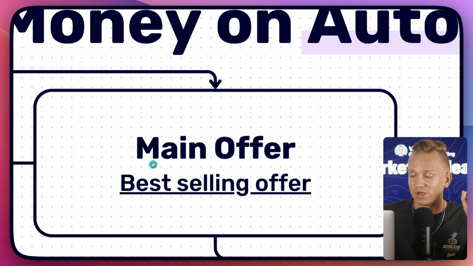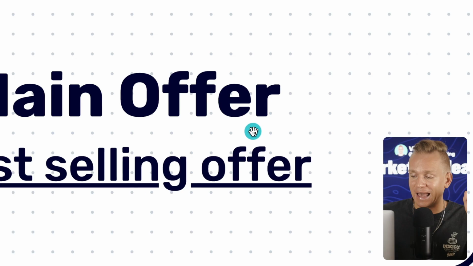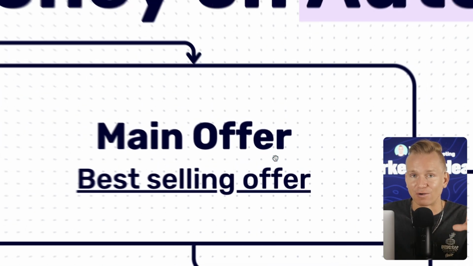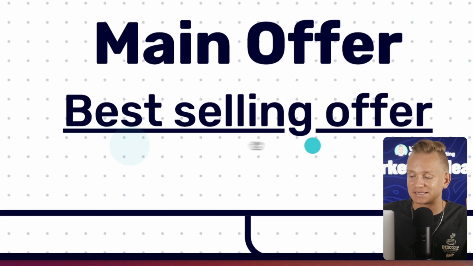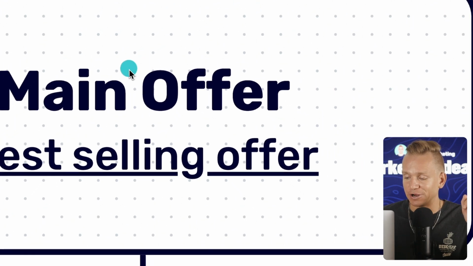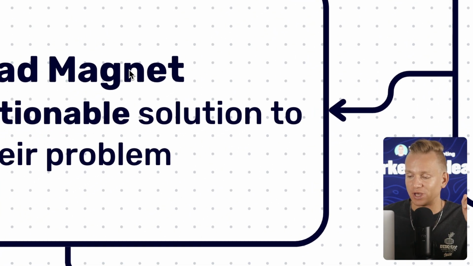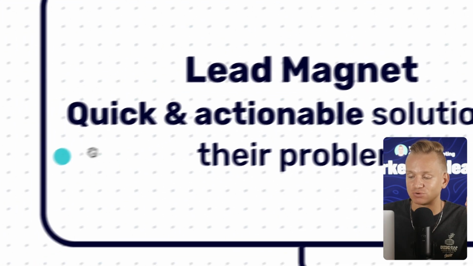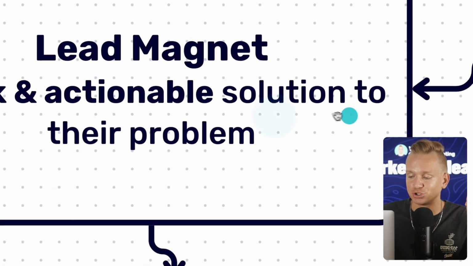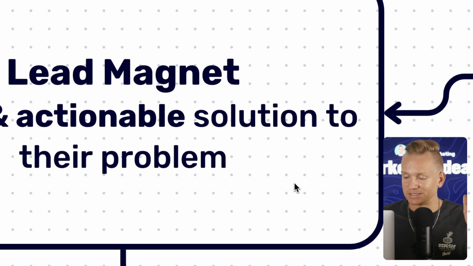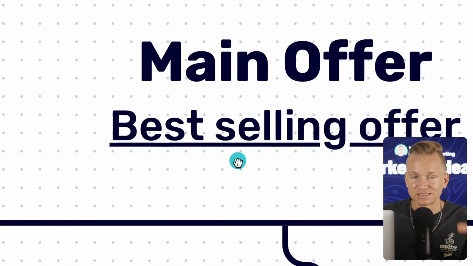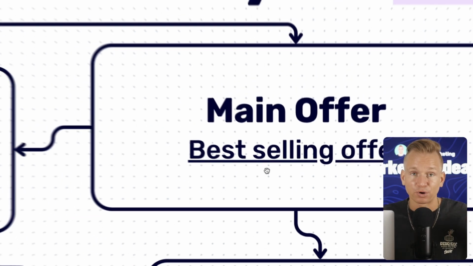So at the beginning we have our main offer, and this is not necessarily our most expensive offer, but this is going to be our best selling offer. And in here, the first step is we want to create a lead magnet, just a quick and actionable solution to our customer's problem. One thing to note here is that our main offer is solving a big problem.